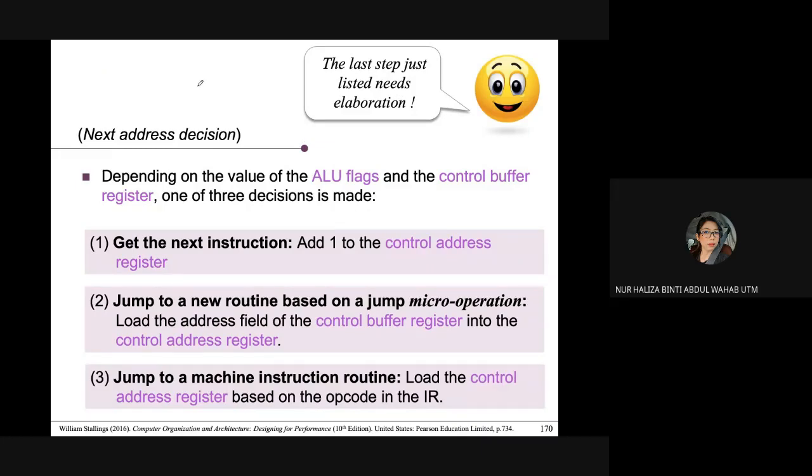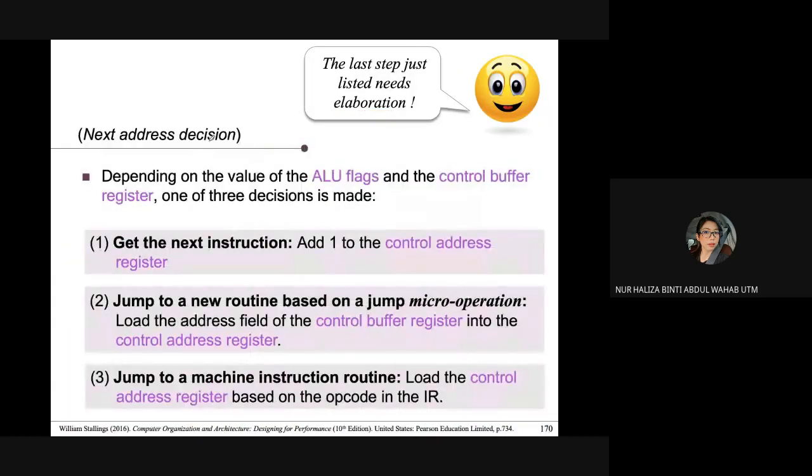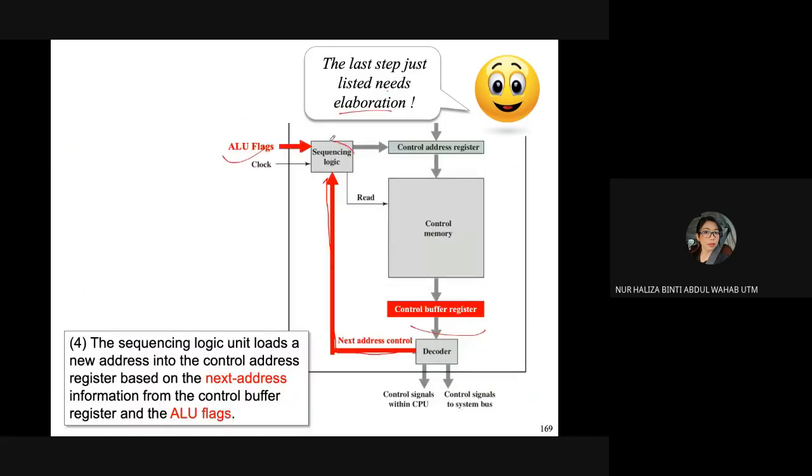Okay, over here you're going to see the last step, and I need to elaborate on what is happening here. Next, address decision. Your sequential logic will make a decision for the next address from the control buffer that is coming in, and also the ALU flag.